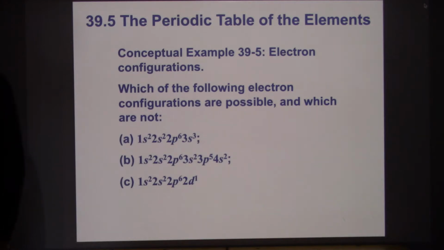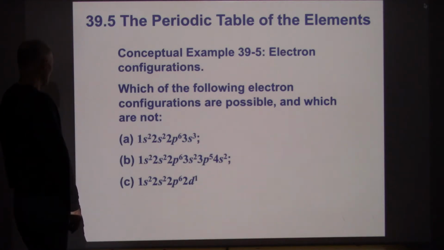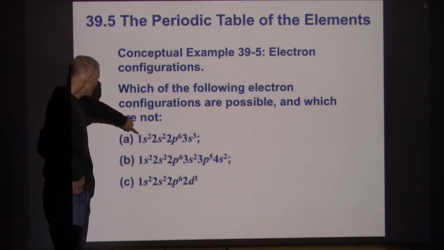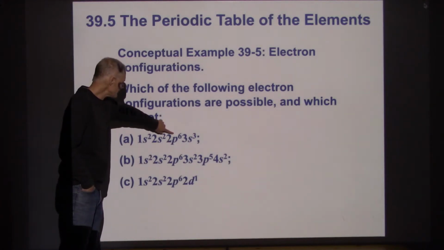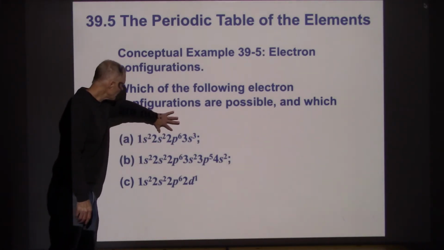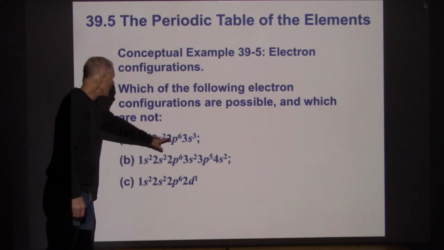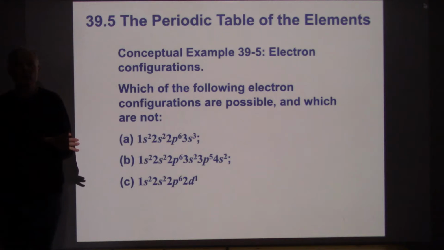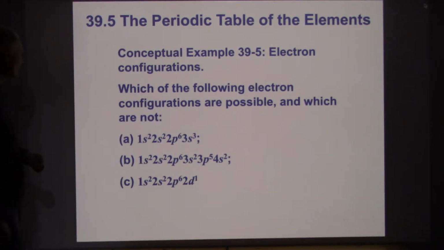Okay, here are some electron configurations that we're given. We're supposed to find the problems with these. Okay, let's see. This looks good. 1s2, 2s2, 2p6. Now, this takes us through the first row of the periodic table. These two take us through the second row of the periodic table. That means I'm at element 10. I'm all the way up to neon. Pull out your periodic table and follow along.